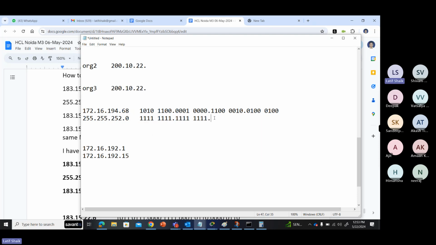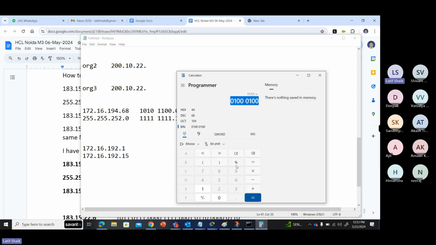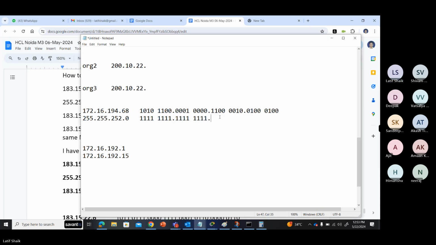This is 252. You have to convert 252. So what is 252? 11111100. And the remaining are 0.